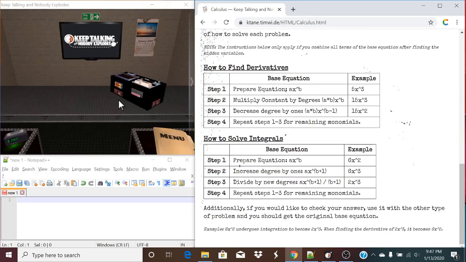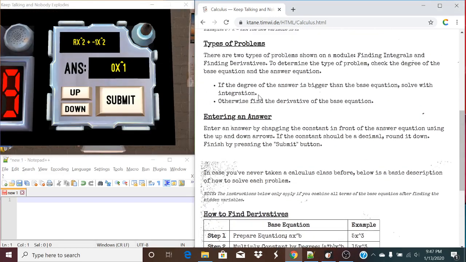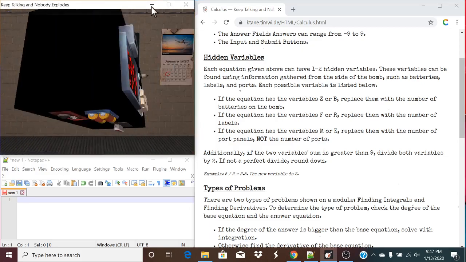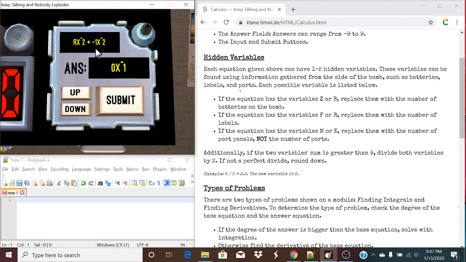Let's see if we can get an integral. Oh my god, okay. R of x is the number of indicators, in this case 2, so 2 minus 1 is a 1. So 2 times 1 is 2.